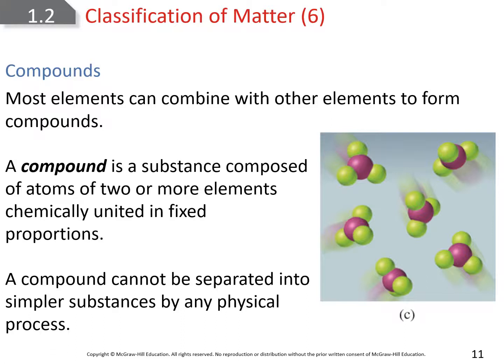You can see here, I'm not sure exactly what this picture shows, but you can clearly see, based on the color coding, that there are two different kinds of elements making up this one compound. Perhaps this one in the middle is a carbon, and perhaps these three around it are oxygens. I don't know, but clearly the greens are one element and the purple is a different element, and then we could separate those out.